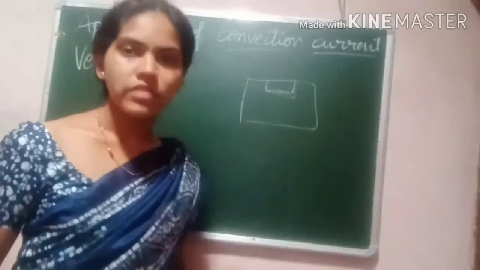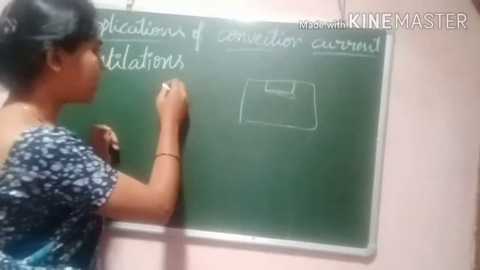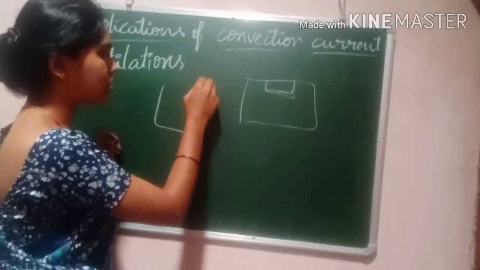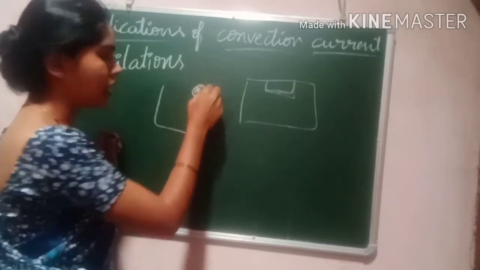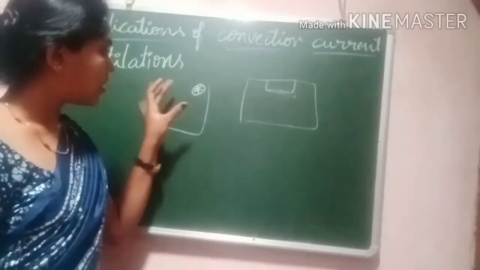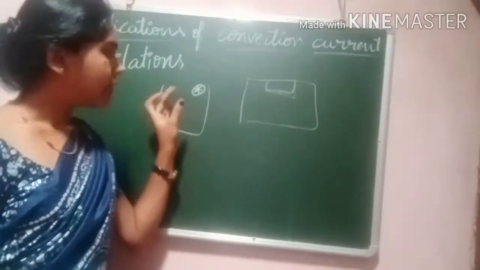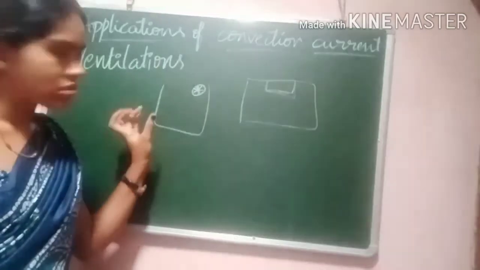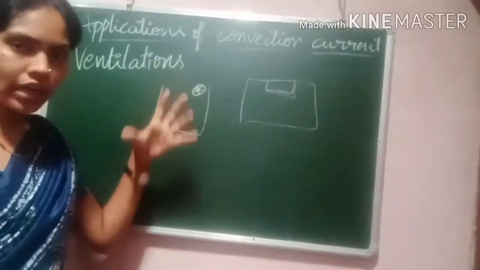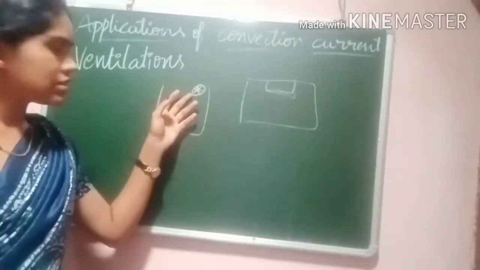In kitchens and halls, you might have observed that they keep an exhaust fan. The room will be closed, so in order to remove the hot air from the room, they keep this exhaust fan.